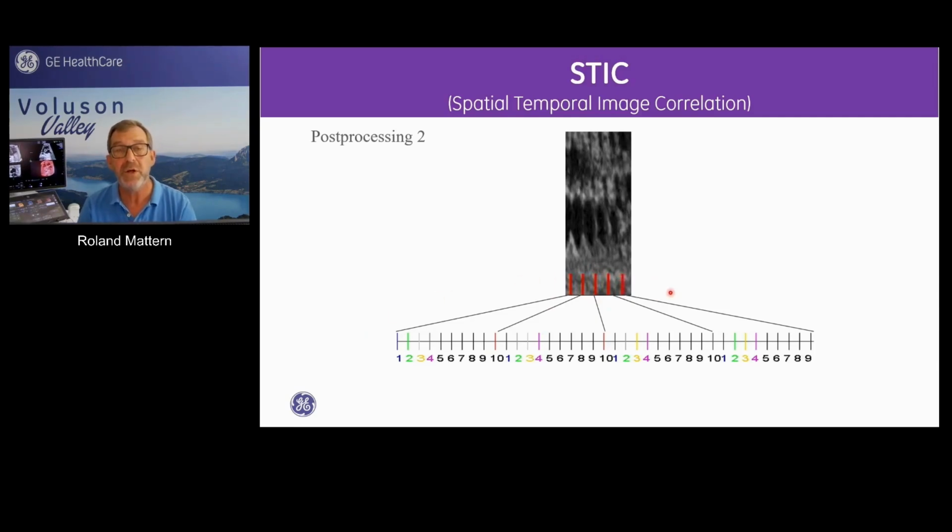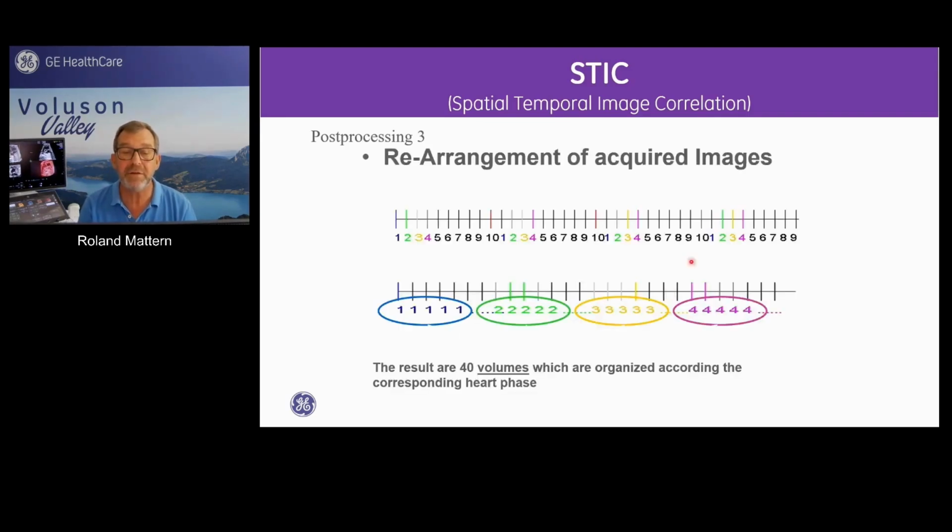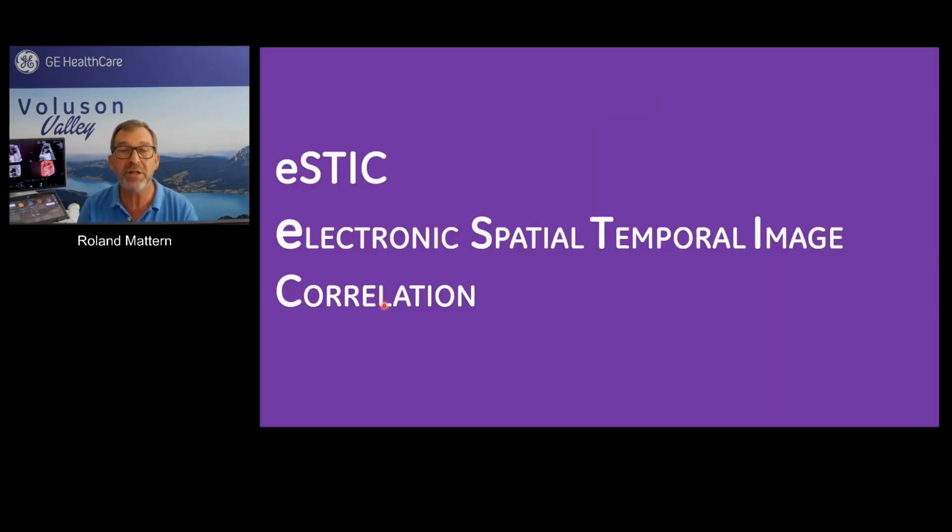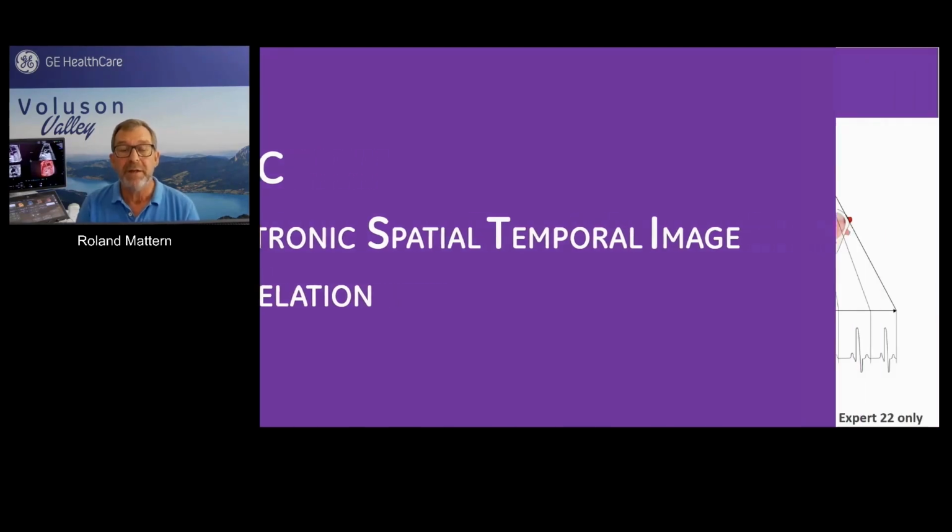And this happens with image number 2, 3, 4, and 5, which looks like then that you have one pot with images number 1, number 2, 3, and 4. We'll take out the best images out of it, and the result is 40 volumes arranged in one heart cycle in an endless loop.